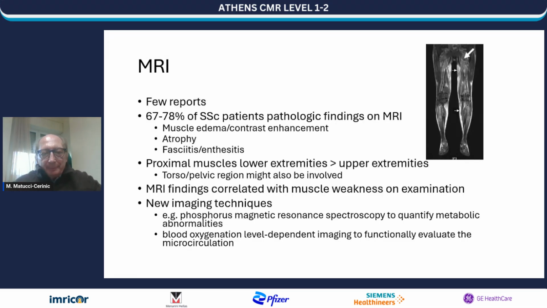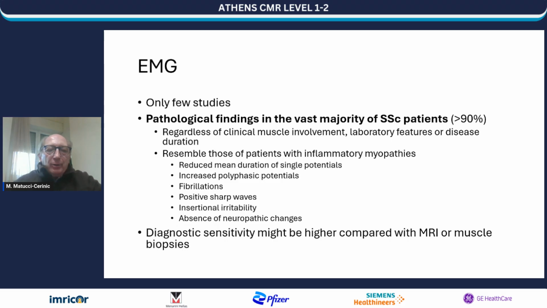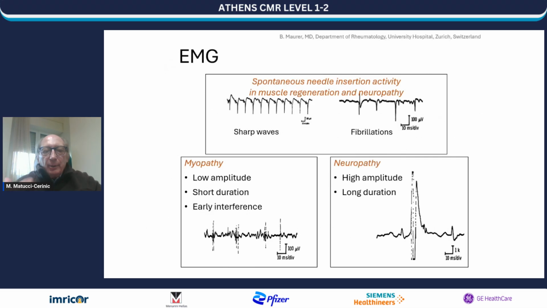And electromyography is very useful because we use this regularly. You can see which are the characteristic findings, like the fibrillation, in comparison to what we call neuropathy, because neuropathy has a high amplitude, while myopathy has a low amplitude.